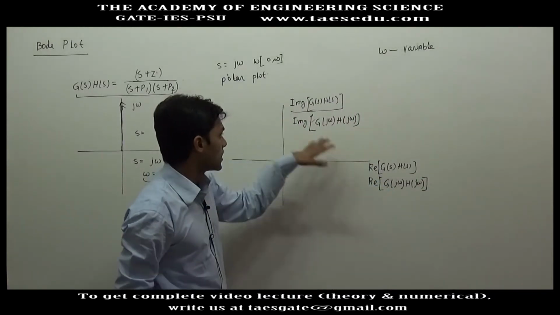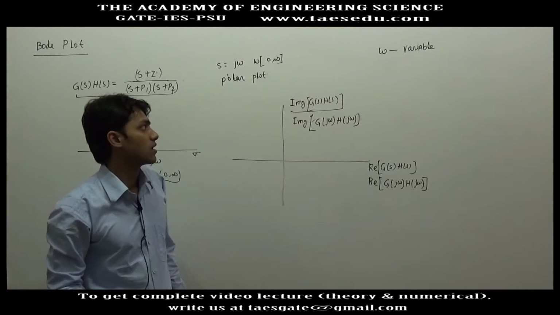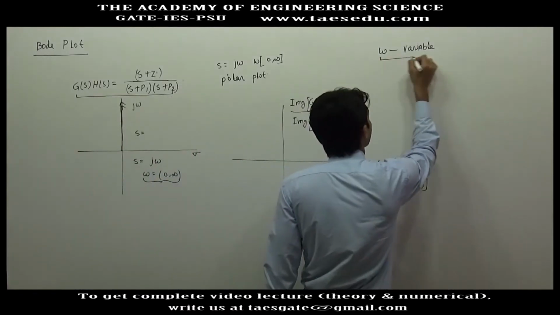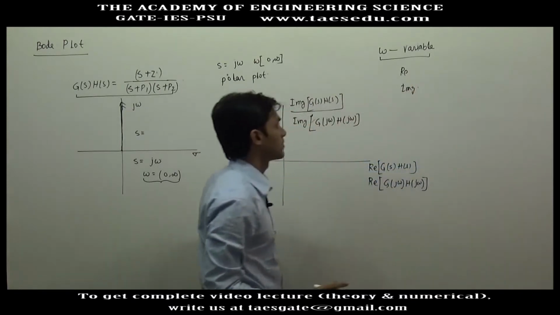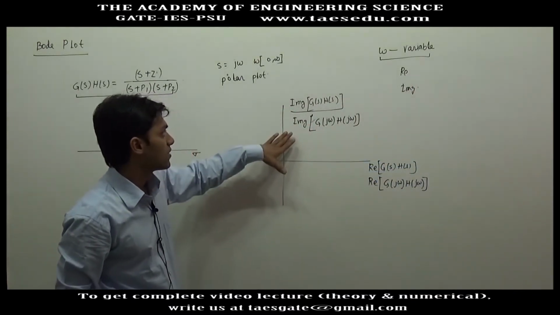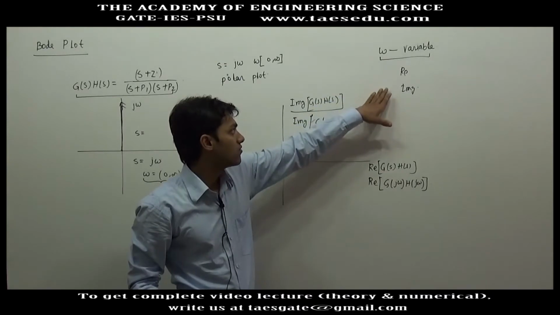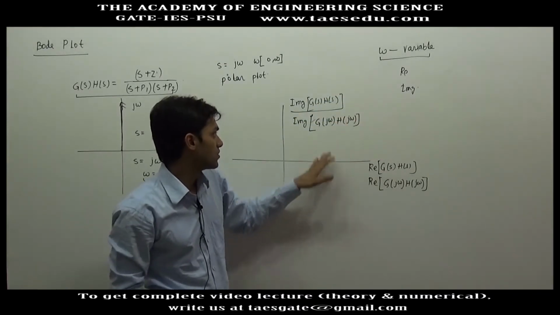So both real and imaginary part will be functions of omega. As we vary omega, real part and imaginary part will vary, and corresponding to each omega we will plot real part and imaginary part of this.